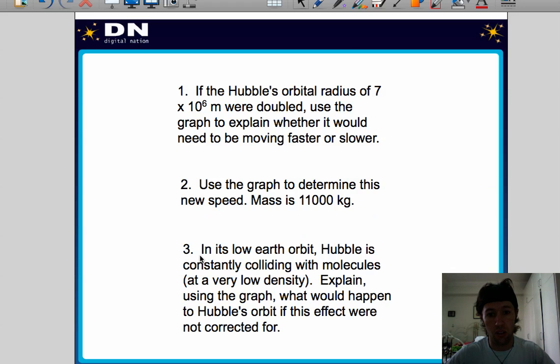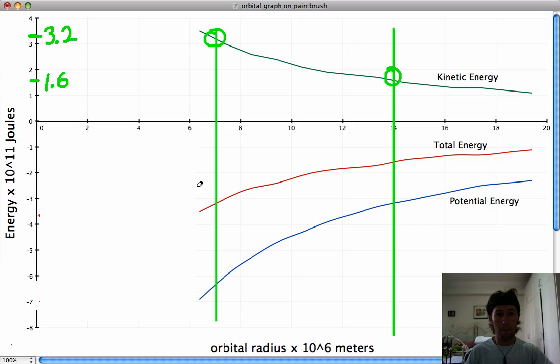Next question is, we want to use the graph to figure out actually how fast the satellite would be going at this new radius of 14 million meters. So, look back at the graph. We just need to use the kinetic energy equation, which is pretty easy.